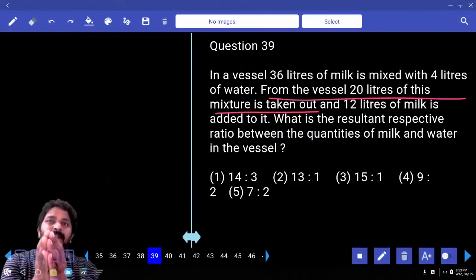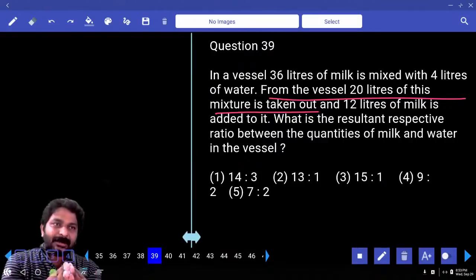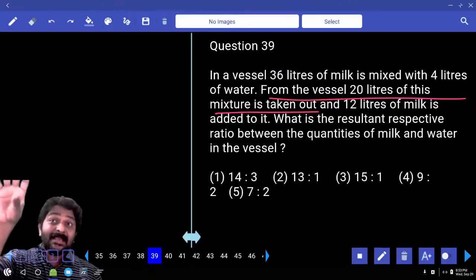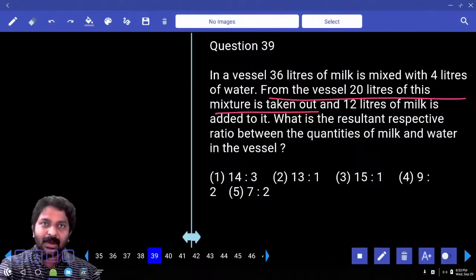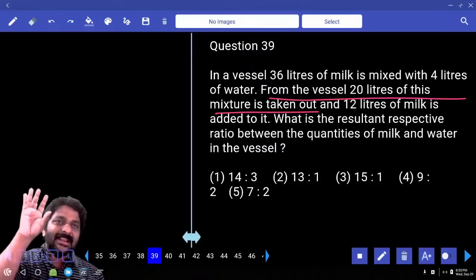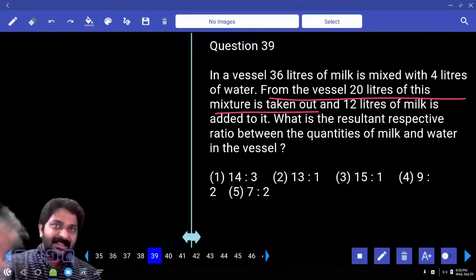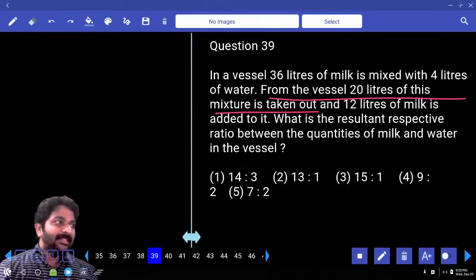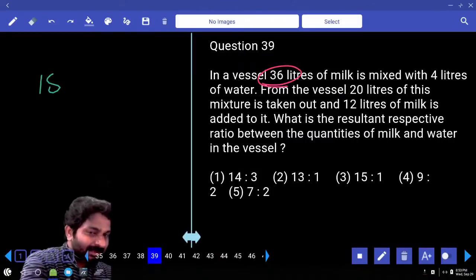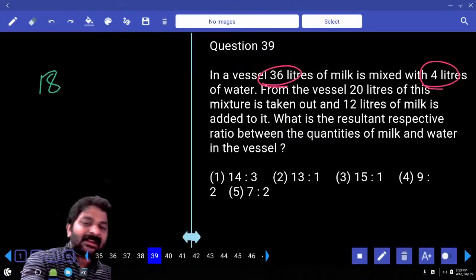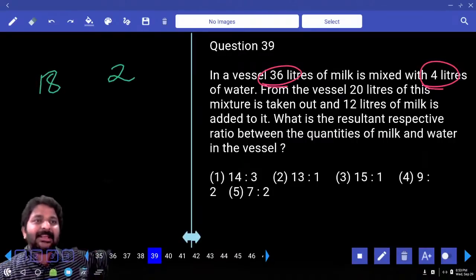Out of the initial milk, 50% is gone, and out of the initial water, 50% is gone. Agreed or not? Then the remaining quantity is 50% of milk, 18, and 50% of water, 2, this much is left with us.